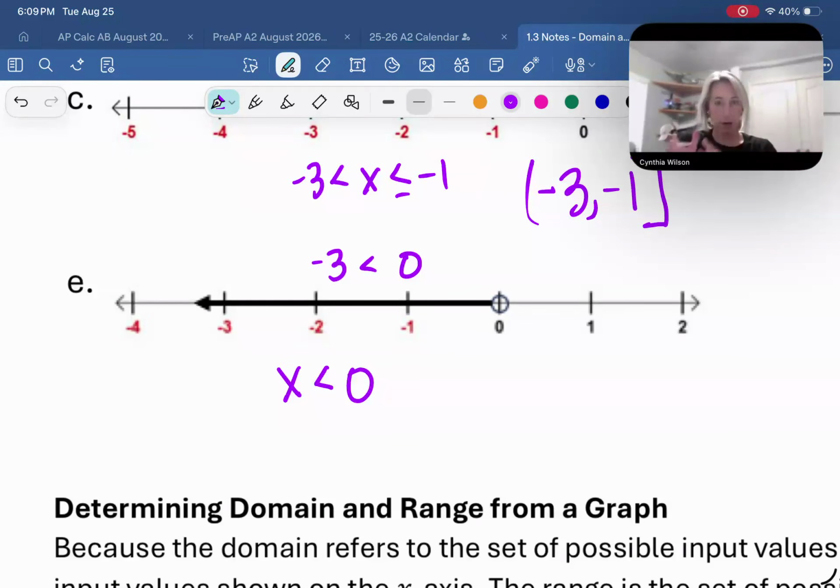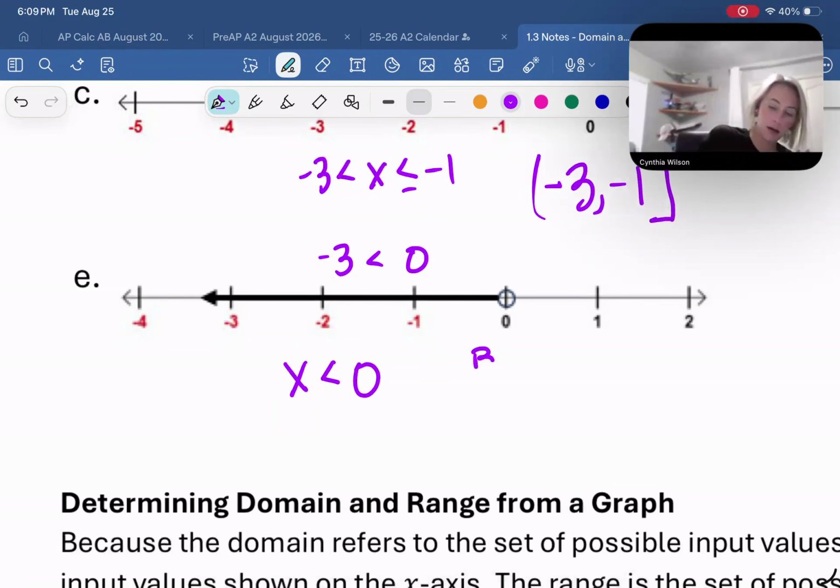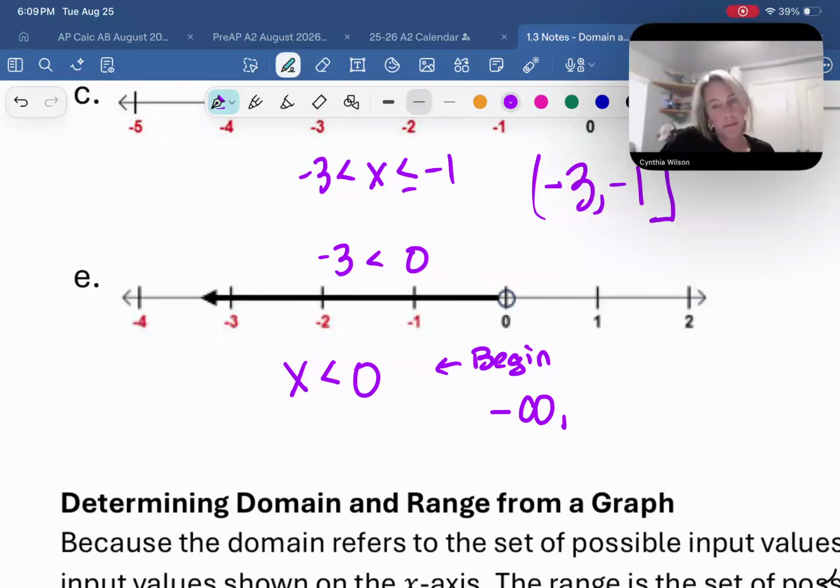Now I need my interval notation. This time I can see I'm beginning with a left arrow. If I'm beginning with a left arrow, that means I'm beginning at a negative infinity. Left side is negative infinity. Where am I ending?